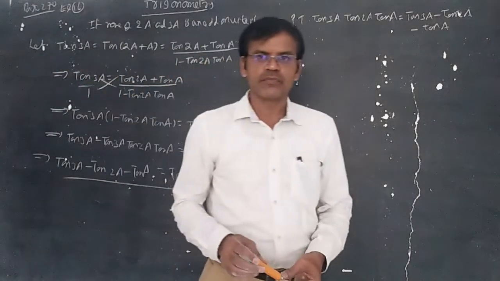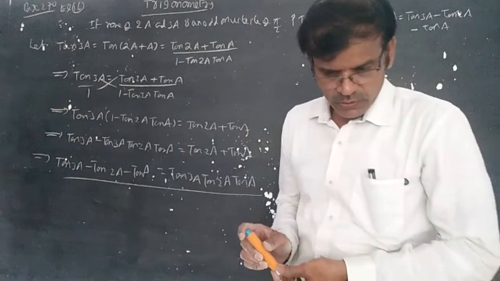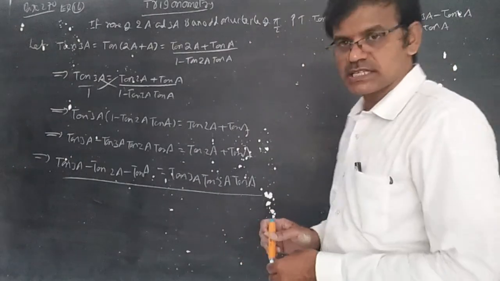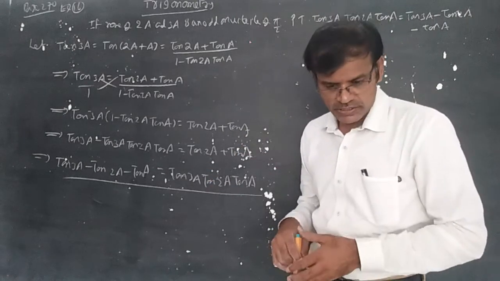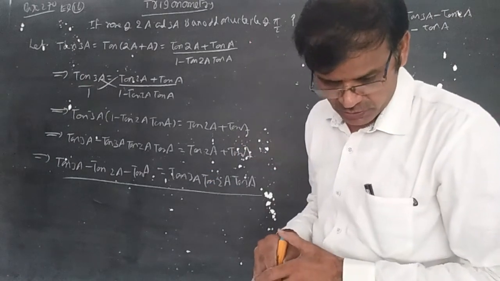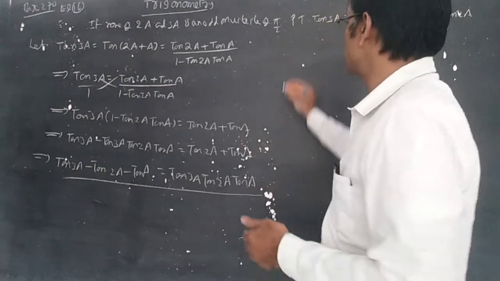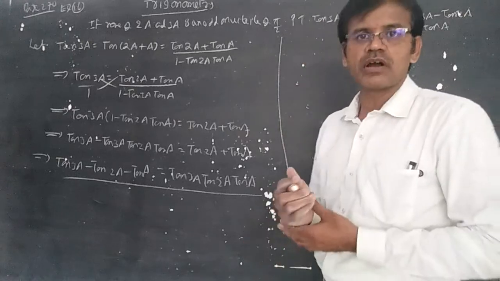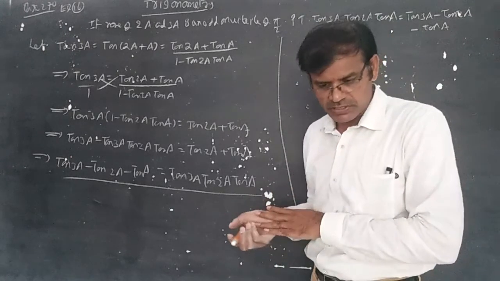So total examples we have completed. Before going to exercise 6D, we have completed all examples, each and every example I said with you, and I gave homework. Just now, there are 2 little sums, depending upon the formulas of the multiple and submultiple angles concept we have discussed previously.